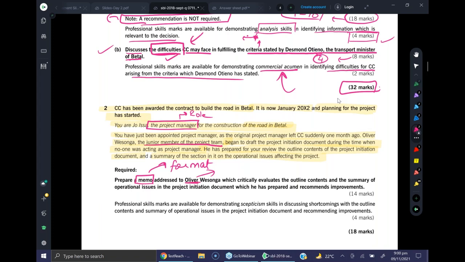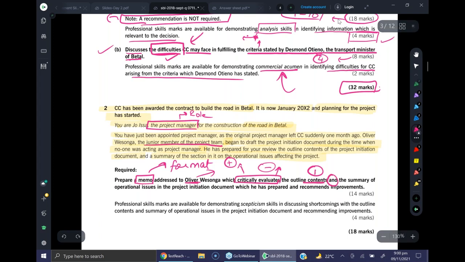Okay. Now it says prepare a memo addressed to Oliver which critically evaluates the outline contents, number one, and whenever there's an 'and', just be conscious there is one more part of the requirement. Critically evaluate means whatever is right, tell that very clearly, and whatever is wrong, clearly tell why you think it's not right.